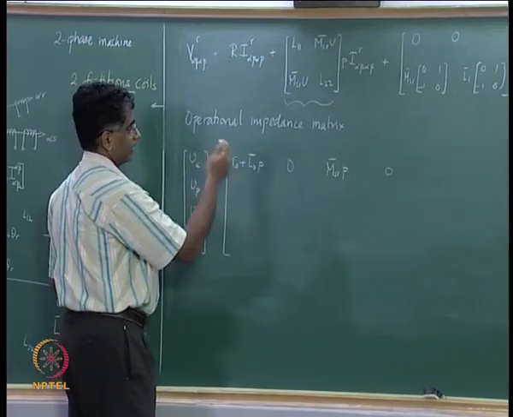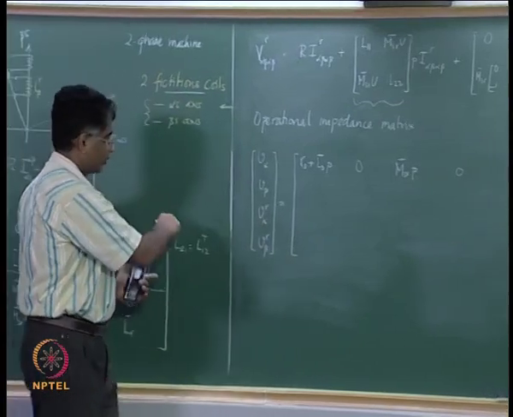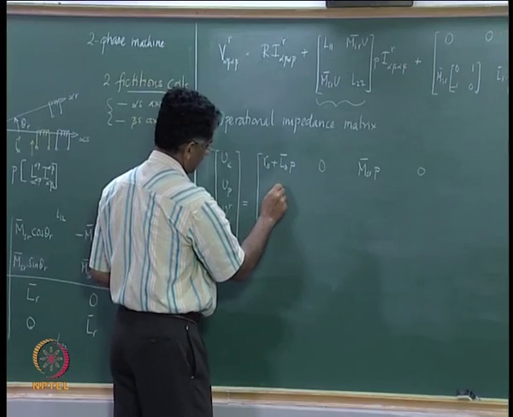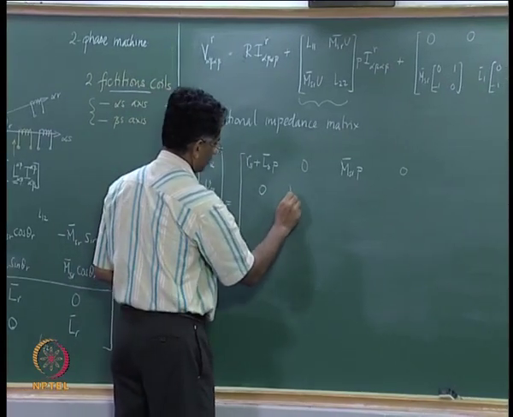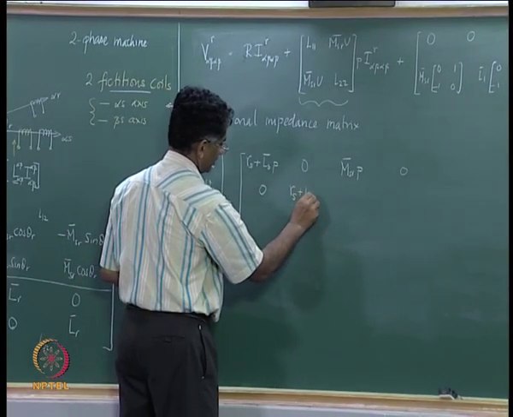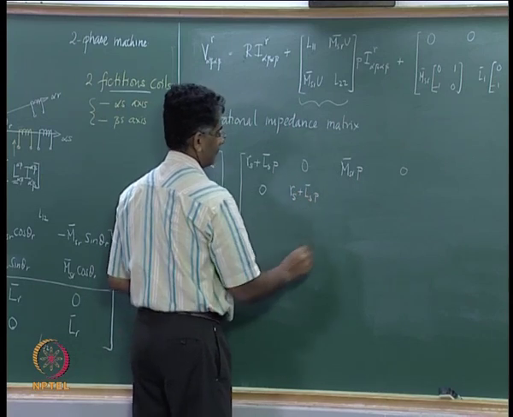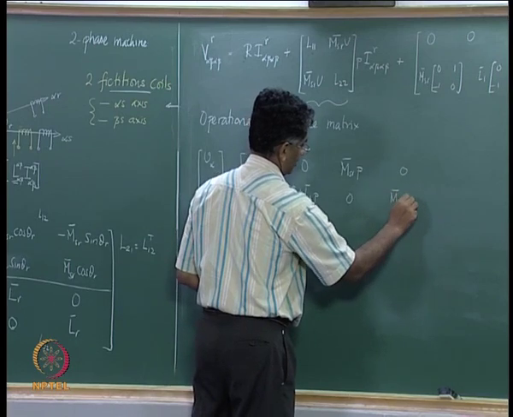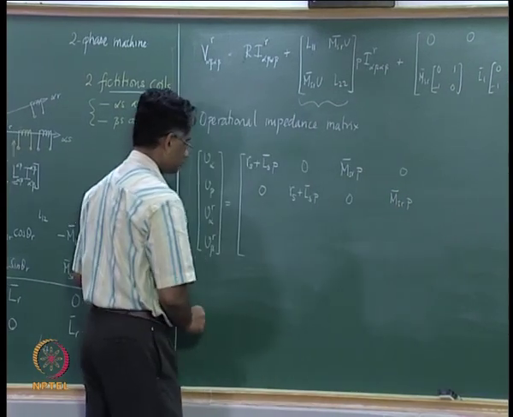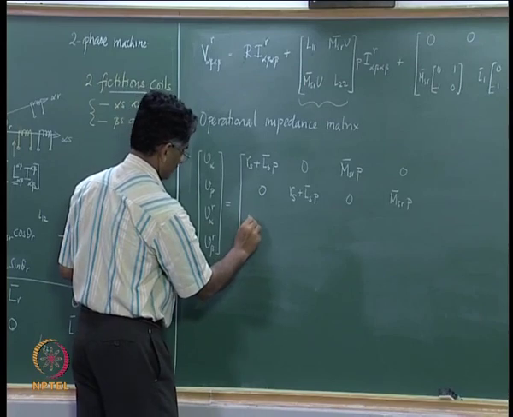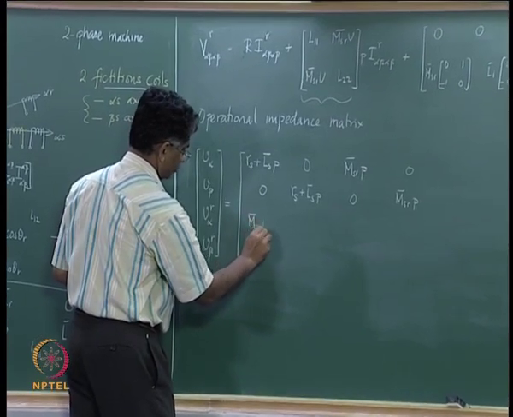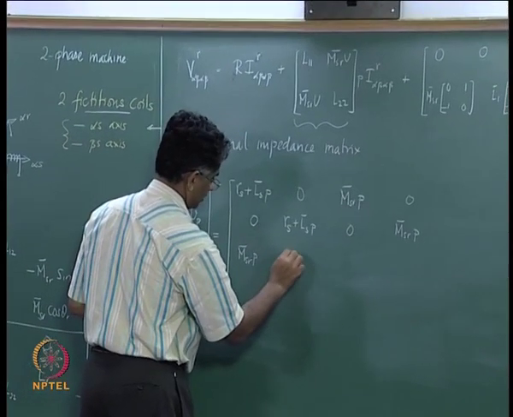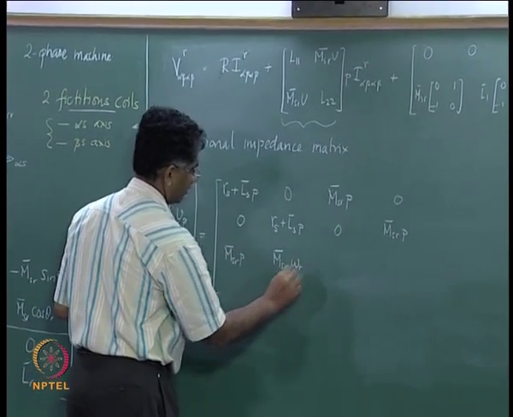So, going in this manner, if you select the appropriate terms from all the matrices and combine them, what you would find is here again it is 0. So, this entry is Rs plus Ls bar into P, and then 0 here again, and then MSR bar into P, and here you have MSR bar into P, and then MSR bar into omega r.